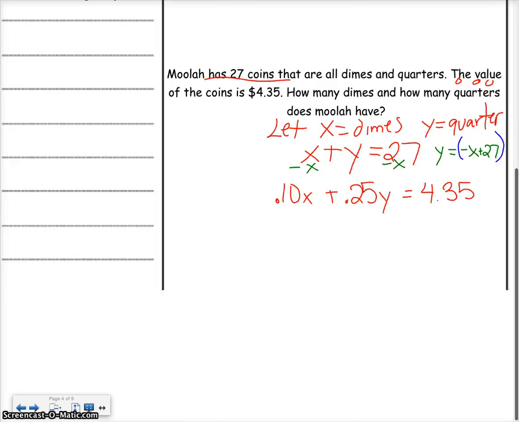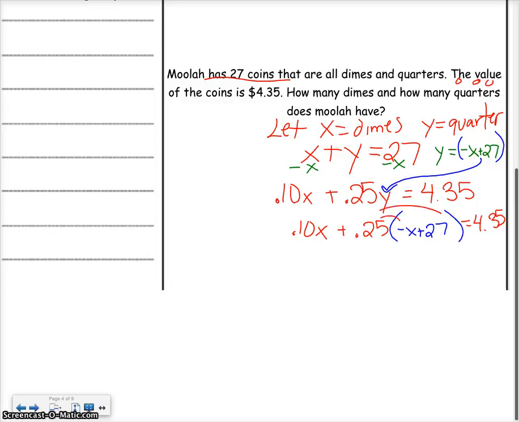And now my substitute goes in for the y on the opposite side. I have 10 cents for each x plus 0.25 times y, but y got a substitute, so y isn't there anymore. Negative x plus 27 equals 435.